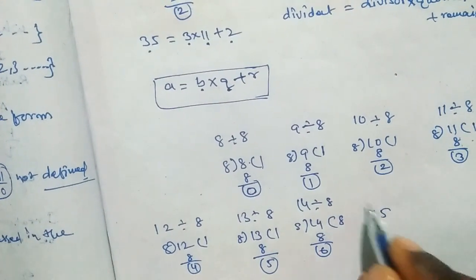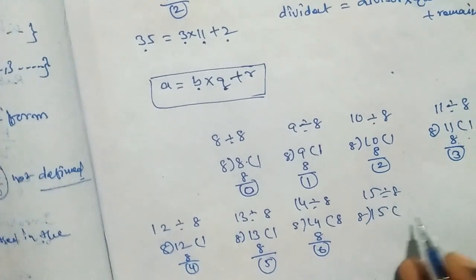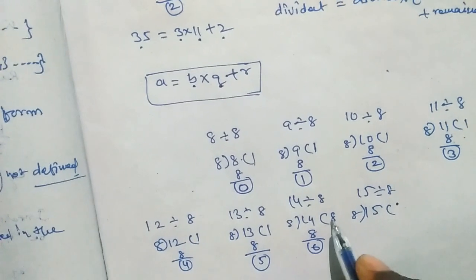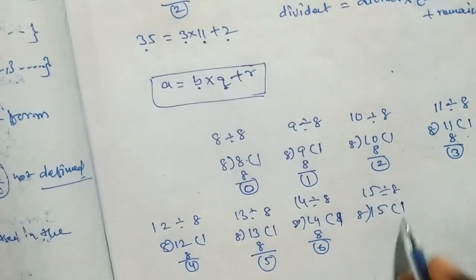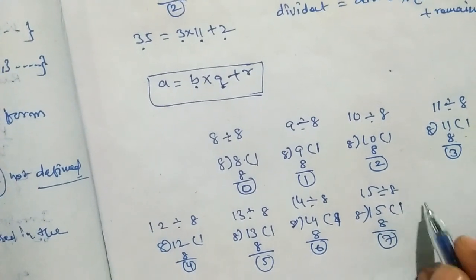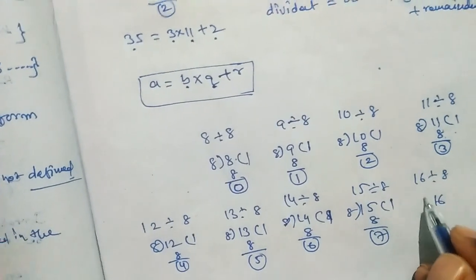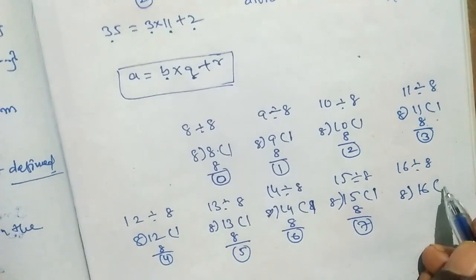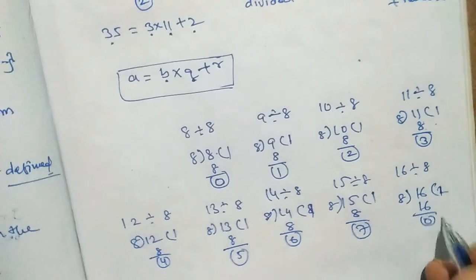Then 15 divided by 8. 8 ones are 8. 7 remainder. 16 divided by 8. 8 2s are 16. 0 remainder.